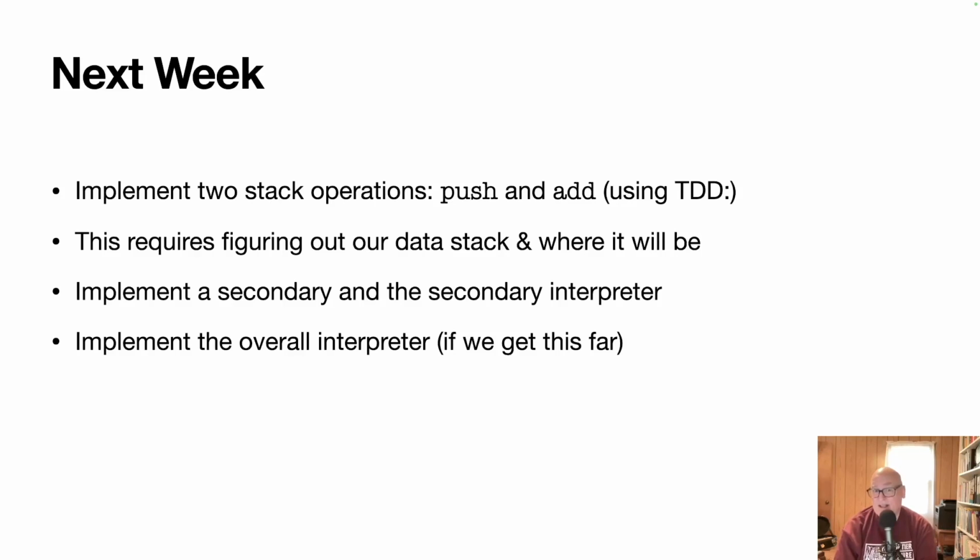And then if we get that far, we're going to work on the overall interpreter. We want to be able to make sure we can call primaries from secondaries and so on. So I think we have some fun to look forward to. Hopefully not all as painful as Thursday was.